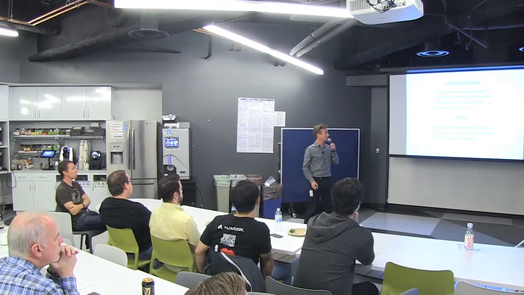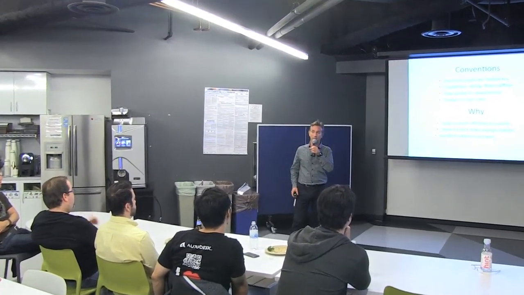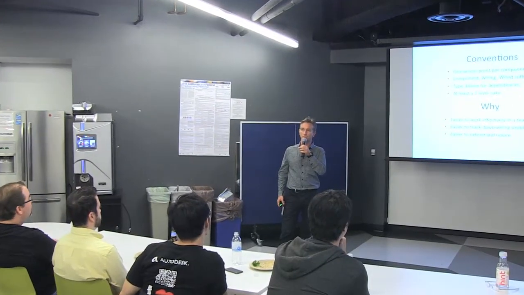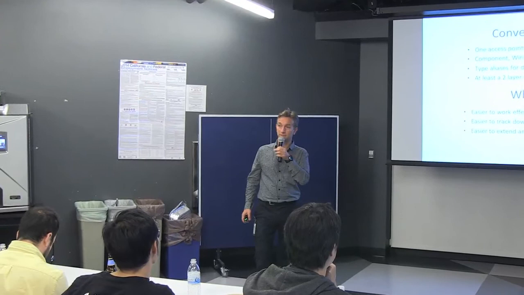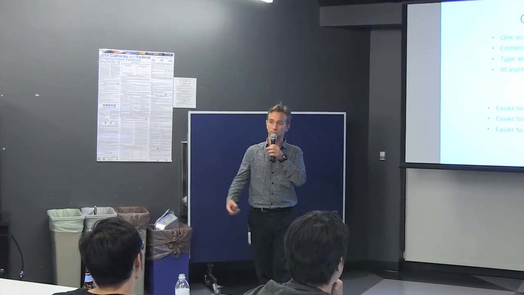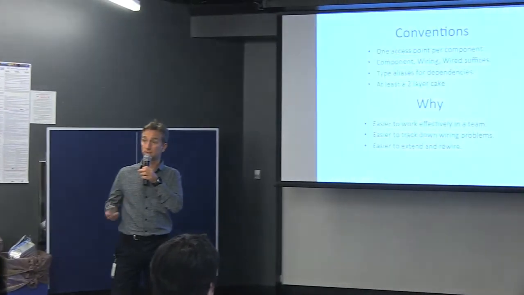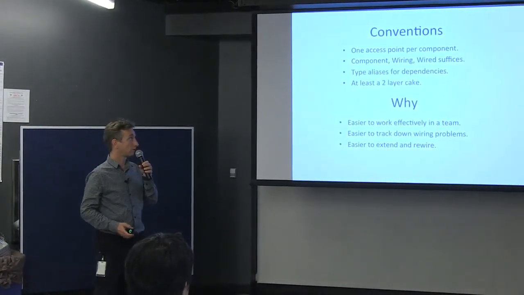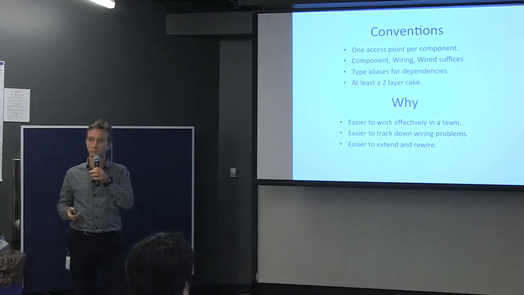A cake pattern obviously has some detractors, the main one being that it's got a lot of boilerplate. And I probably agree with that. But it does have a lot of flexibility in the way that you can actually do it, as long as you stick to some rules, because it can lead to a lot of chaos. But I think there might be some hope in the future to reduce the boilerplate.